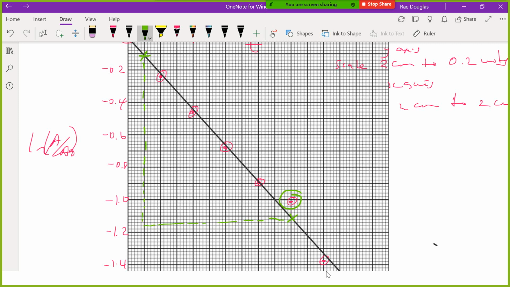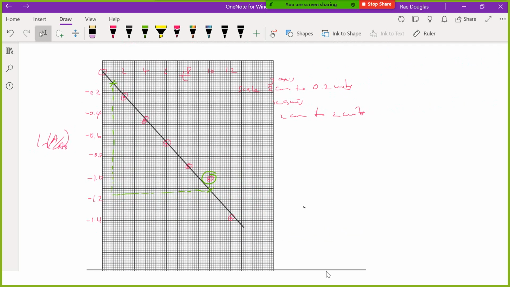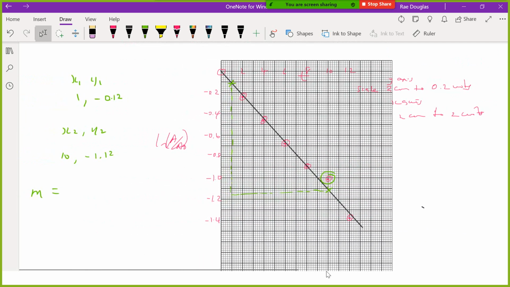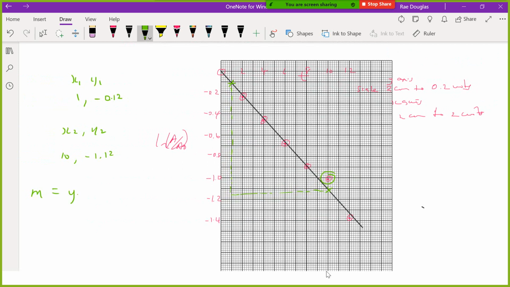You would use your ruler to do such a thing. Then from that, you pick up your values. Then from there, we calculate the gradient. Gradient, we know, is equal to y2 minus y1 divided by x2 minus x1. I would have broken it down already to just identify these points.